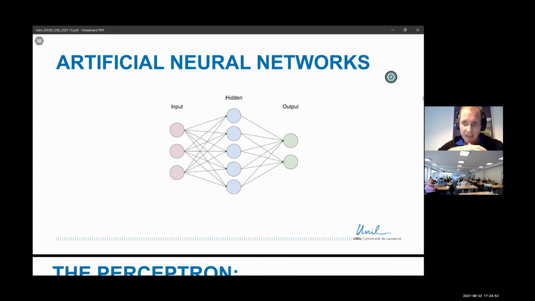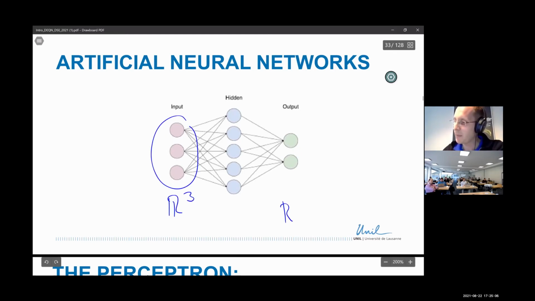Now, with this general background, let's move on to neural nets. And this is a picture that you have all seen. Essentially, that would be a three-dimensional input mapping to a two-dimensional output. So you could imagine three state variables, two policies that you want to approximate. Now, what does this mean?